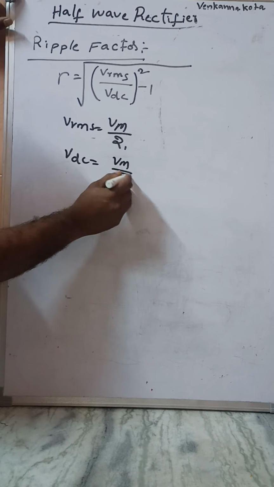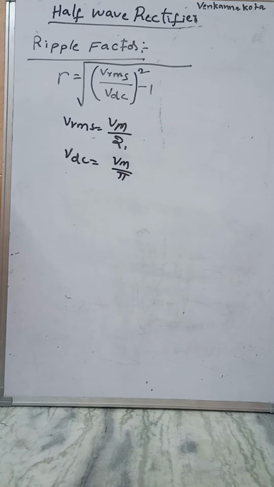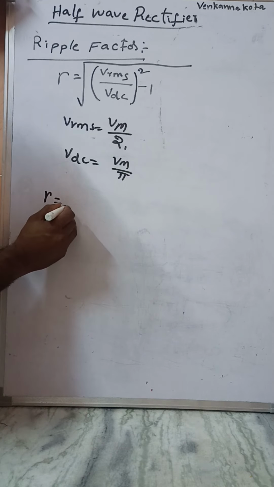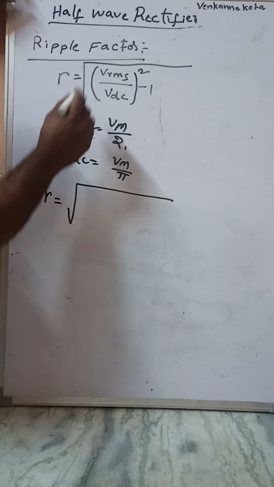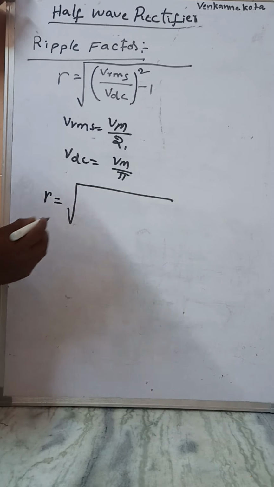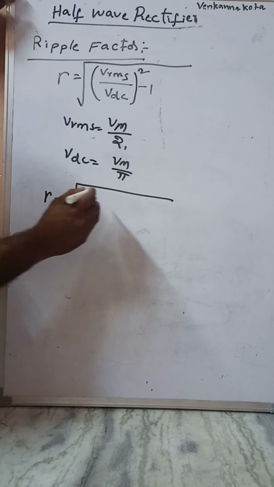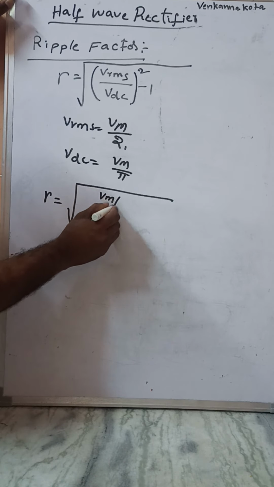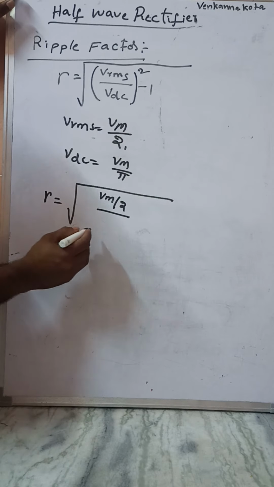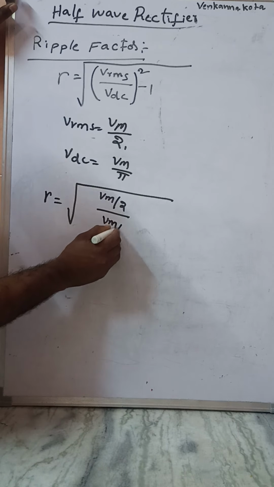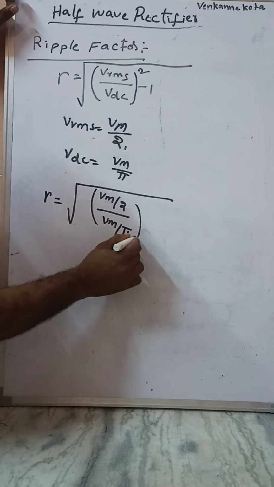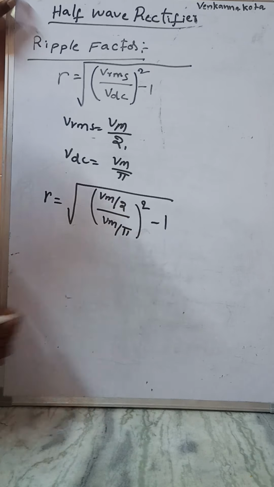Then ripple factor is equal to square root of (Vm by 2 by Vm by pi) whole square minus 1.